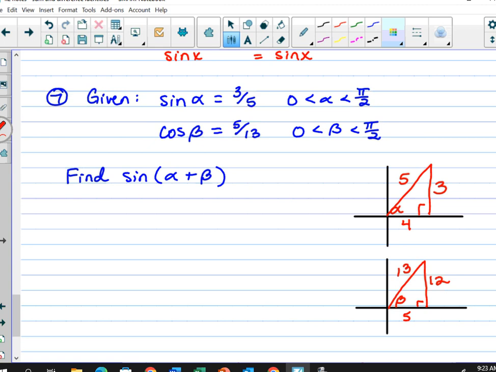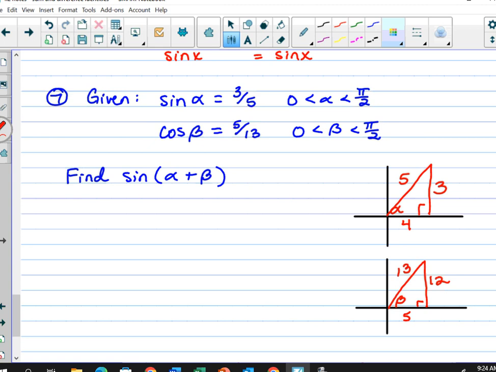Two different triangles. We got an alpha triangle and a beta triangle. It's taking all that given information and putting it in the pictures. Do you see it, or are you stuck on something else? For sure. Josh, you okay? Okay.